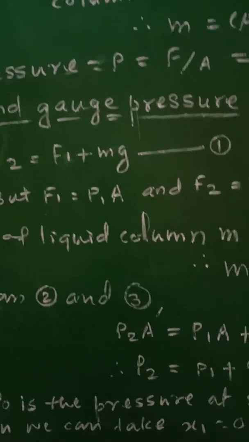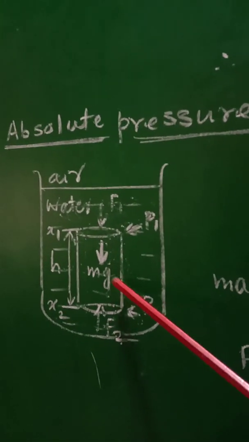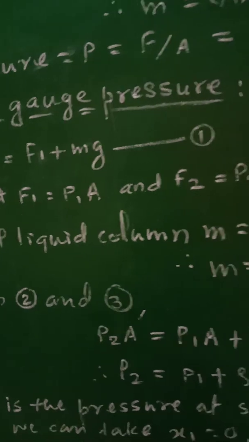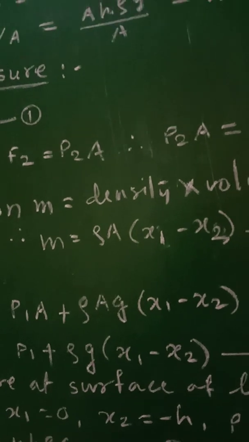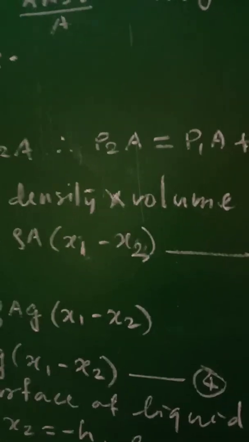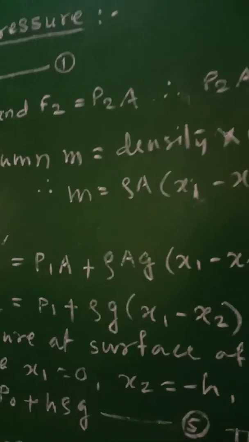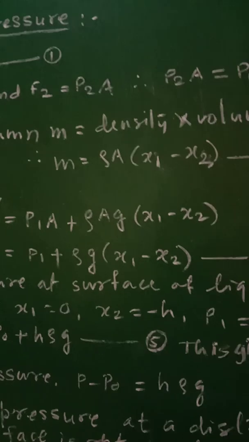Now, if m is the mass of this liquid column, then the mass of the liquid column m will be given as the density of the liquid into the volume of that liquid column, and therefore we can write here m equal to rho A into x1 minus x2.